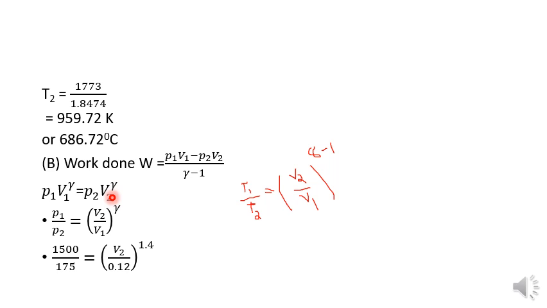I am bringing this 1.4 to this side, so the power becomes 1 divided by 1.4. By simplifying, we will get 0.5567 meter cube. So V2 is equal to 0.5567 meter cube. By using the temperature volume relation also, we will get the same answer.